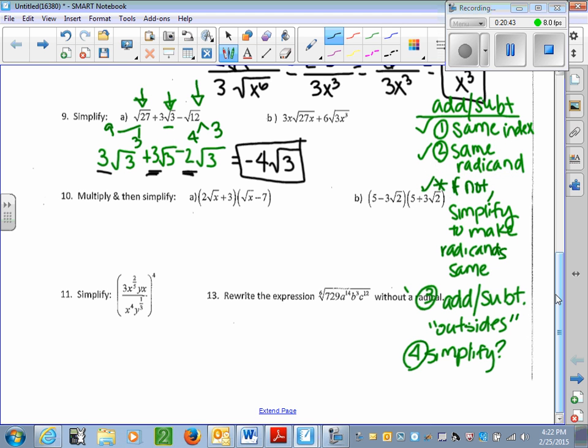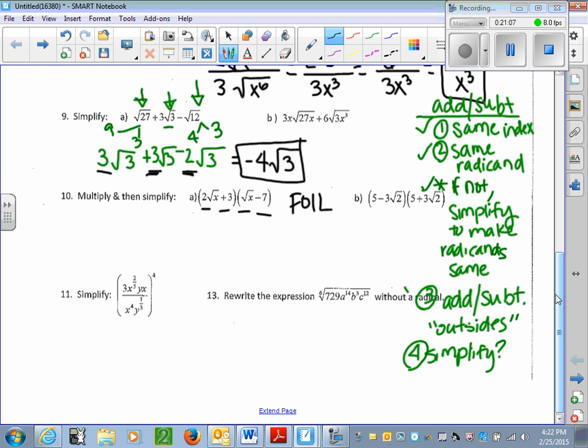Okay, so let's go on to multiply and then simplify. Okay, so down here, I was going to get you started. I think you all probably feel pretty good with this, it seems like. But remember, we have basically 2 binomials here. 1 term, 2 terms. Then we have another term, 2 terms. So 2 binomials, when we multiply binomials, we use FOIL.